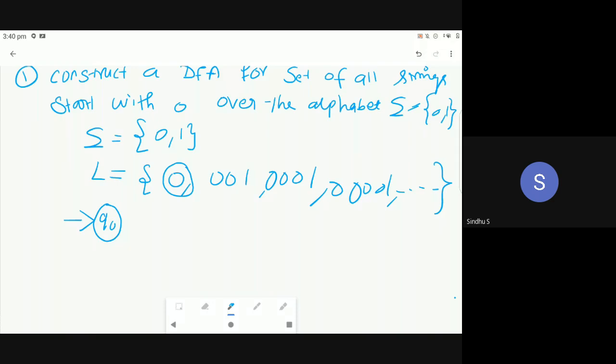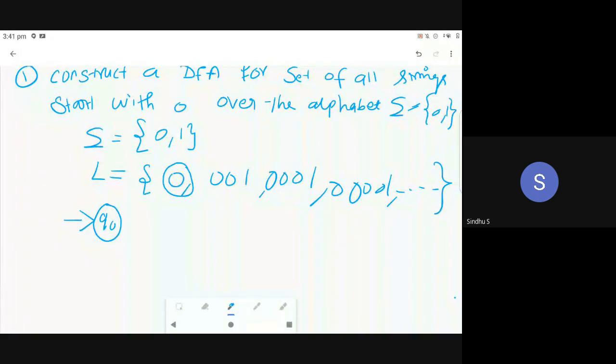So I am taking q0, q1, q2. You can take capital A, capital B, and any other type of naming is acceptable. Normally we take q0, q1, or else we go with capital A, capital B to represent the states. There is no restriction with that.